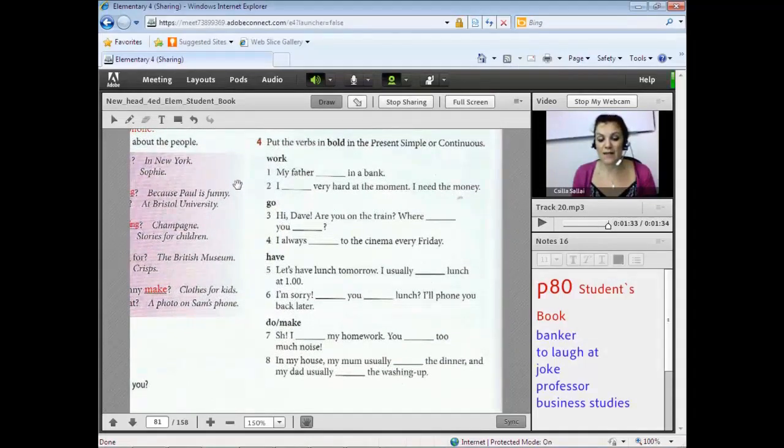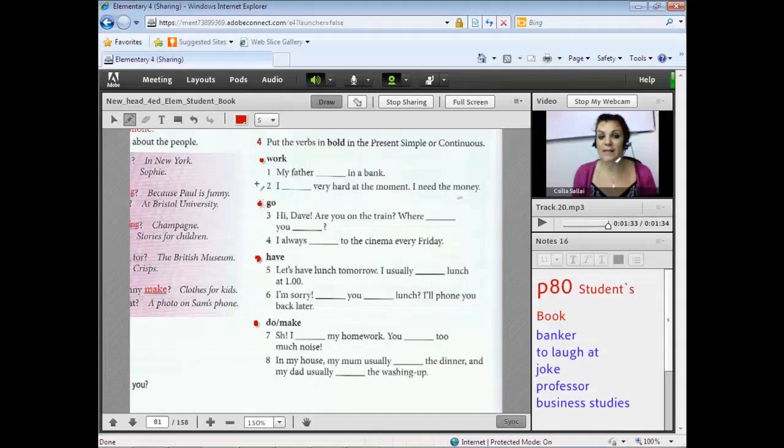So you can see 5 verbs: work, go, have, and do or make. That's right. So you will have to put these verbs in bold, the ones that I've just read, in the present simple or continuous.